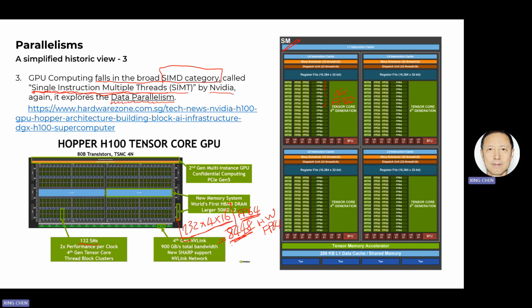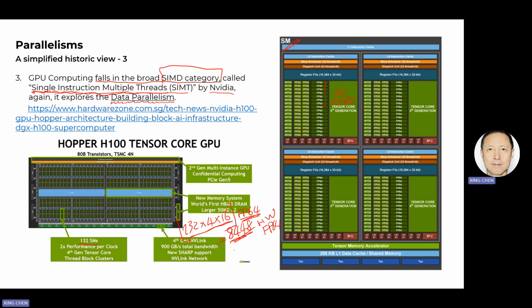But there is something I have to mention. Why is the GPU not called single instruction multiple data, but instead single instruction multiple threads? Because Nvidia and AMD are claiming they are doing thread computing.